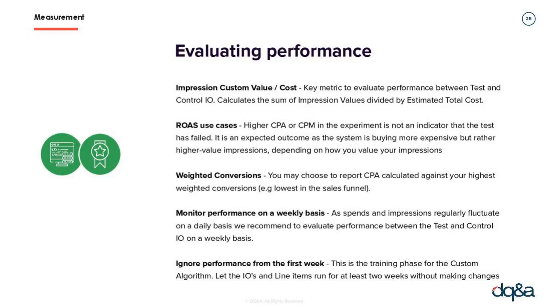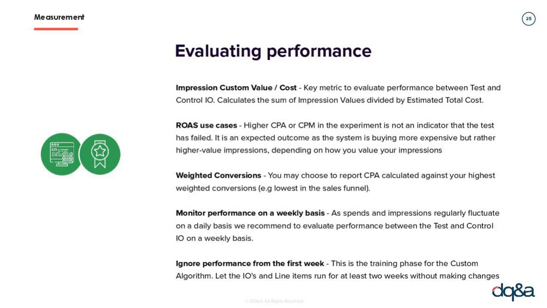And for those out there who are familiar with DV360, cost in this case can also be perceived as the revenue metric in the platform. So as said, it calculates the sum of impression values divided by the estimated total cost.